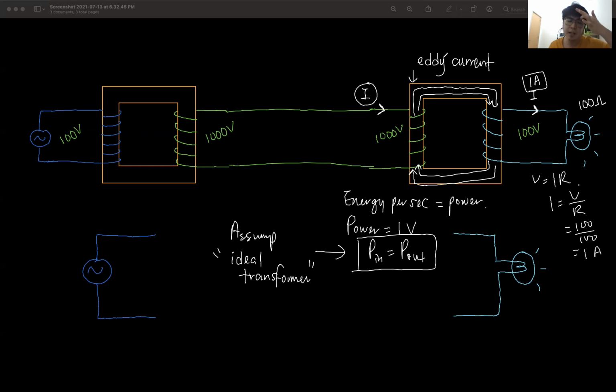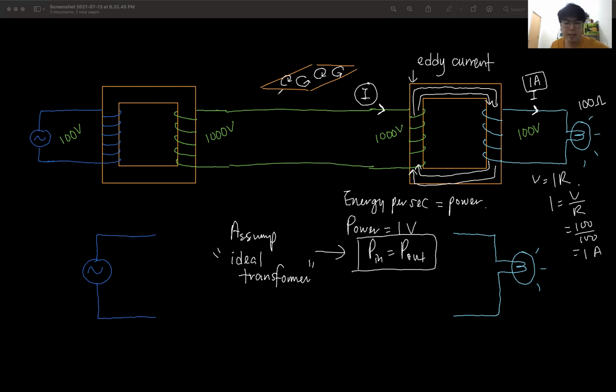Eddy current is current that is induced in the iron core. And if you look at the surface of the iron, say this is the surface of the iron, eddy current is like a swirling current, like this. It's like a circular, closed loop. This is how we draw it.